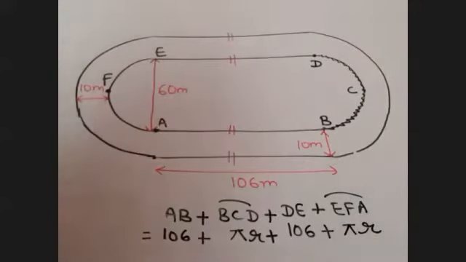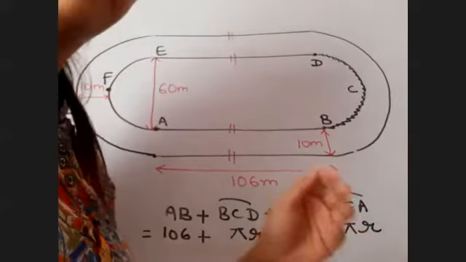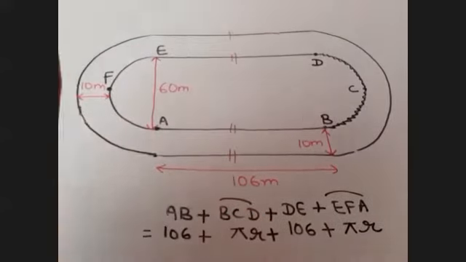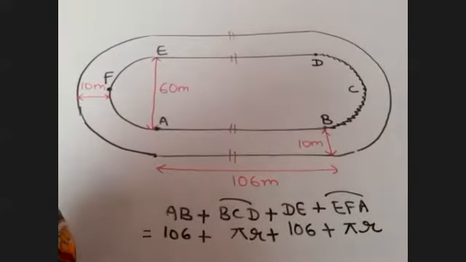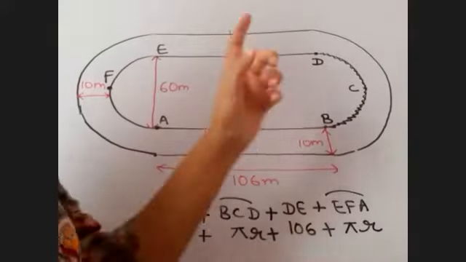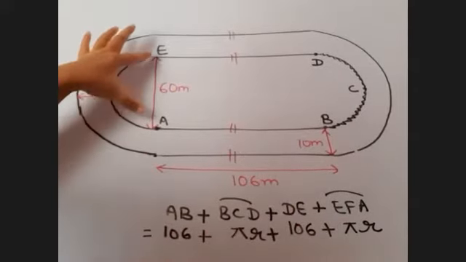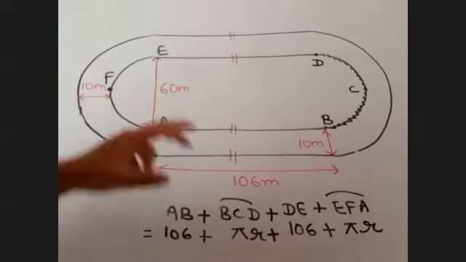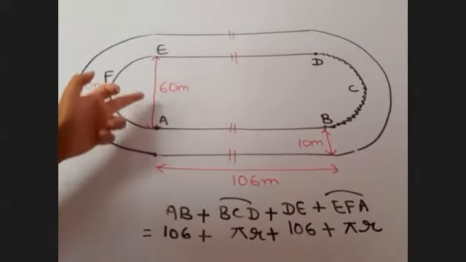Now the question arises, what is this r? Are we given radius in the question? Children, are we given radius? 60 meters. The distance between the inner parallel segments is 60 meters.